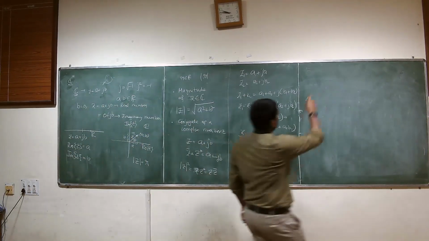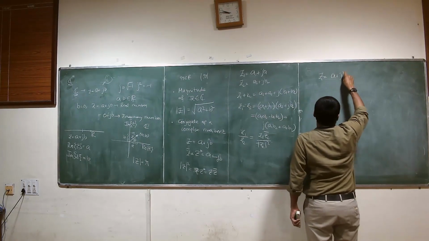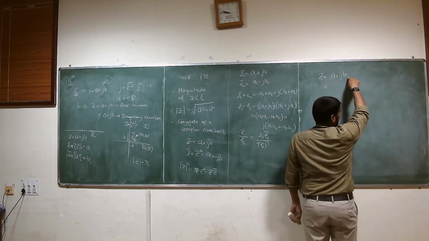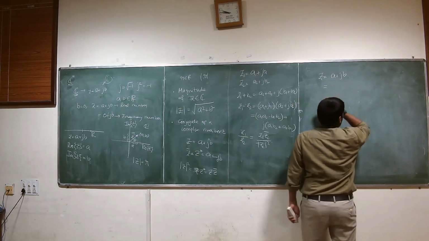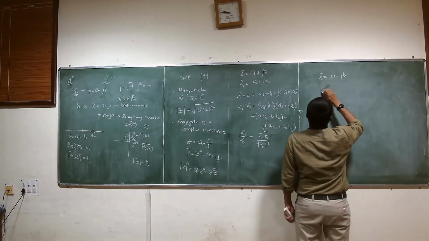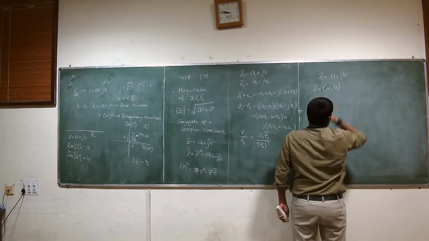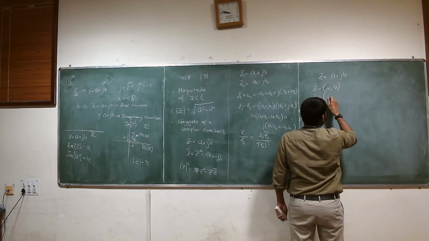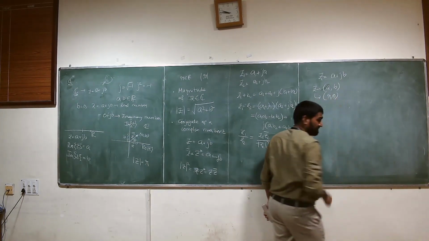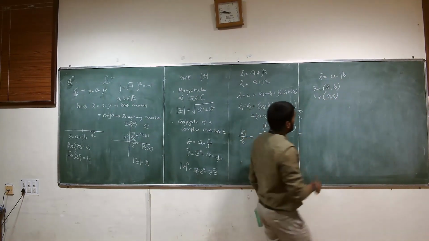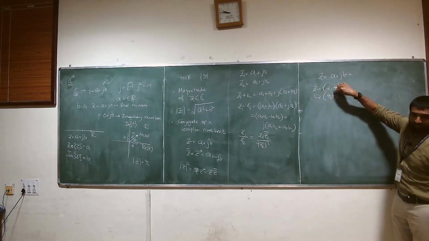Then if z equals a plus jb in the Cartesian representation, z is represented by a comma b, we can also represent it as r comma theta.